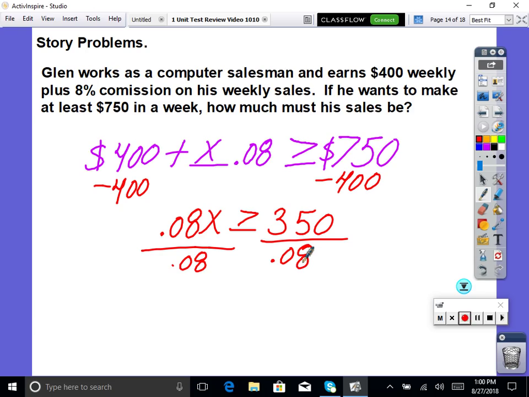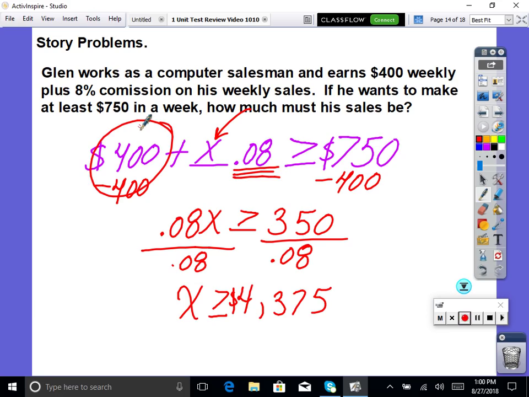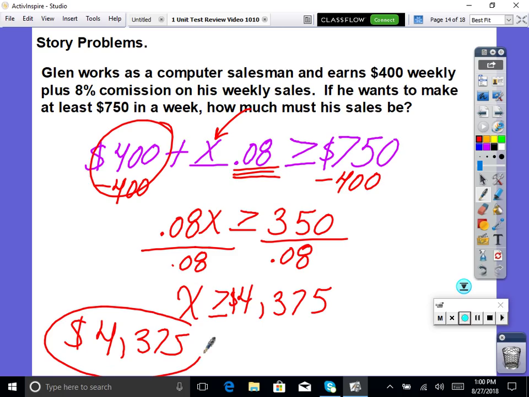That is an x value larger than or equal to $4,375. So he has to sell $4,375 worth of stuff, he's only going to get 8% commission of that, and then plus 400 would finally make it larger than $750 that week. So the least amount he would have to sell is $4,375.